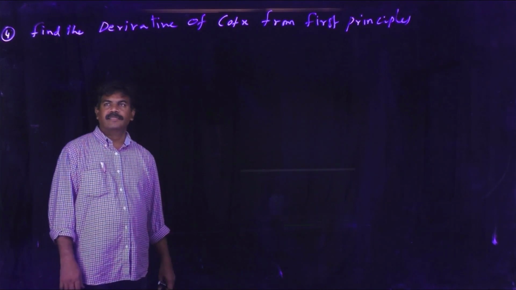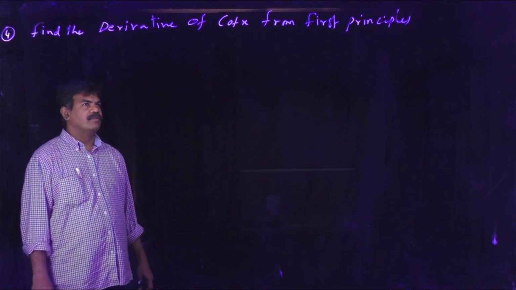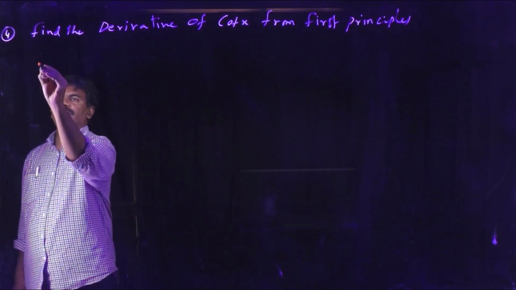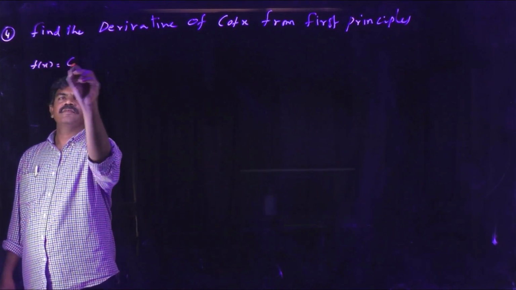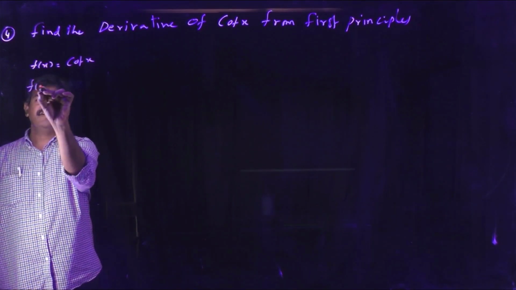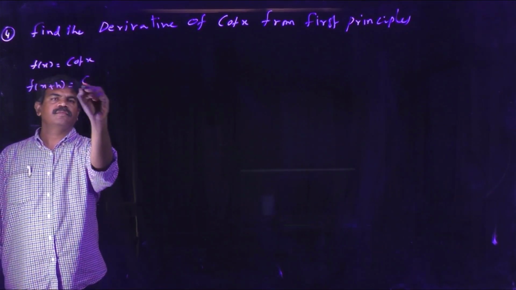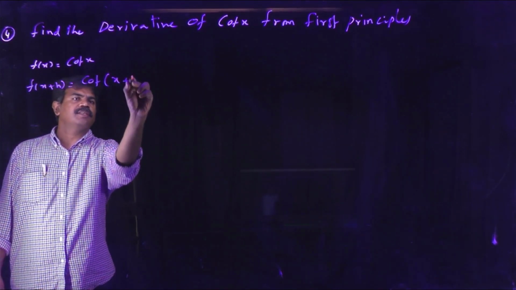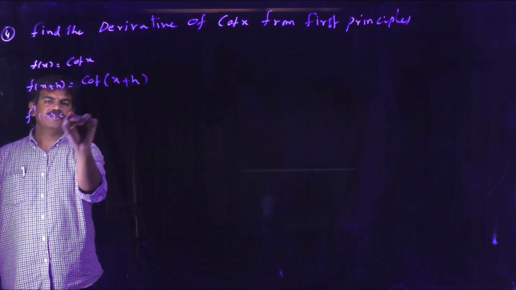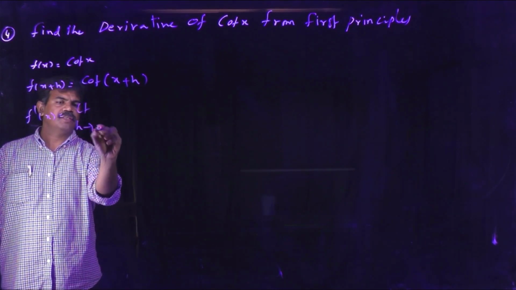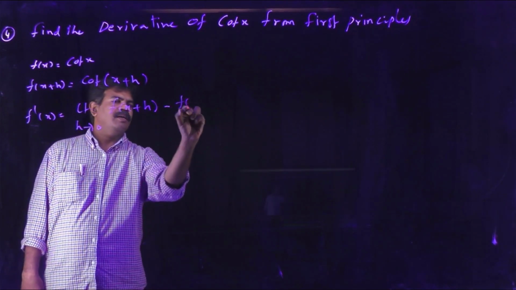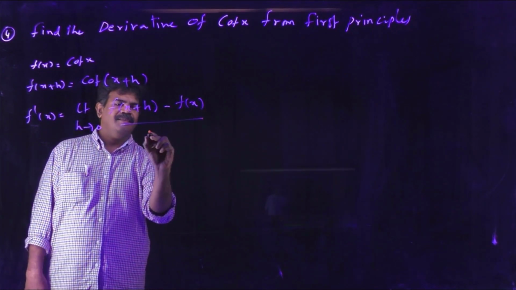See the next problem. Find the derivative of cot x from first principles. Given f of x is equal to cot x. We take f of x plus h is equal to cot of x plus h. Already we know the formula f dash x is equal to limit h tends to 0 f of x plus h minus f of x by h.